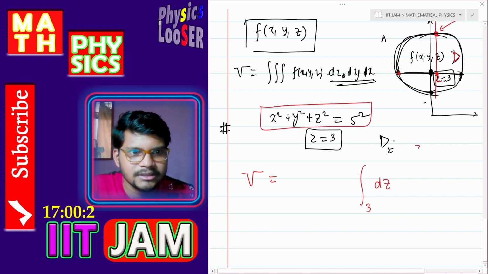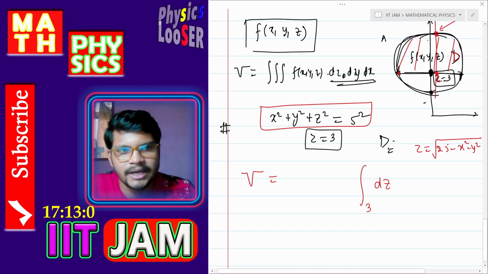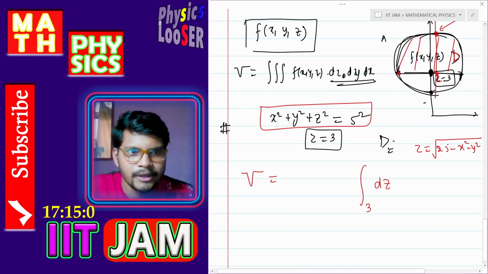So what I can write is that z is equal to square root of 25 minus x square minus y square. This is the upper limit, because this function is constrained over this region, it means that this function is not outside this region. So the upper limit would be square root of 25 minus x square minus y square. Got it? So this is done.